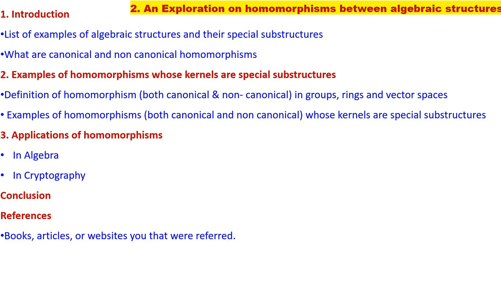Given that special substructure, whether it is an ideal or a normal subgroup or a subspace, do you find any homomorphism, canonical or non-canonical, so that the kernel will be that special substructure? So that will be an interesting part to search and present.